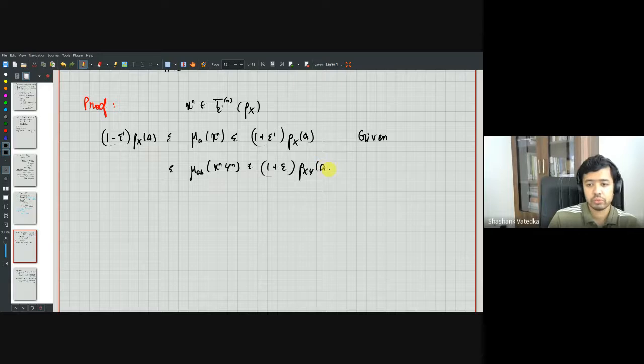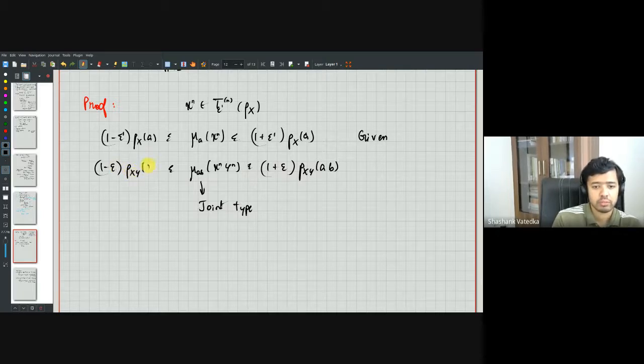What we want to show is that for every a comma b, for every symbols a and b in the alphabets, the joint type, the empirical frequency, is going to be in this range. So this is what we want to show.